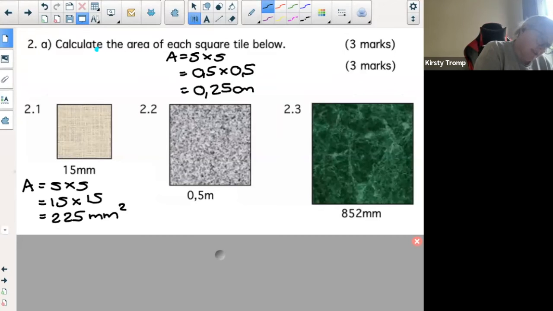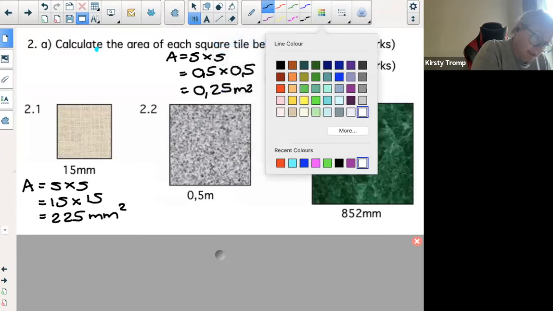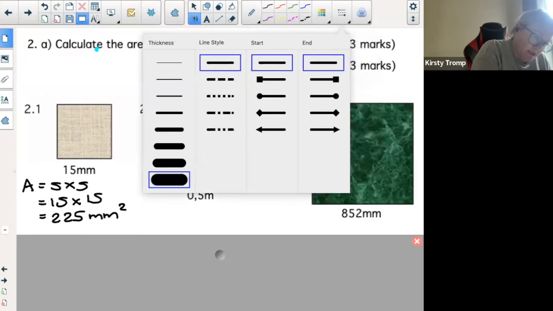Sorry, and this time it's meters squared. Right. And for the last one, I've got 852. So area is, give ourselves some more space here so that we can write nicely.